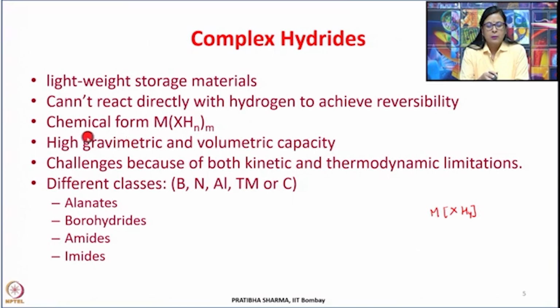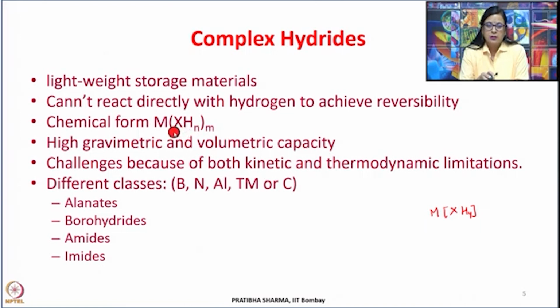Their chemical formula in general can be represented as M(XHn)m. Here M is a metal, X can be a metal or non-metal, and depending upon that, the bonding with hydrogen can be covalent or iono-covalent bonding.